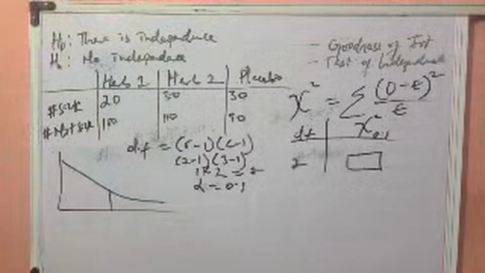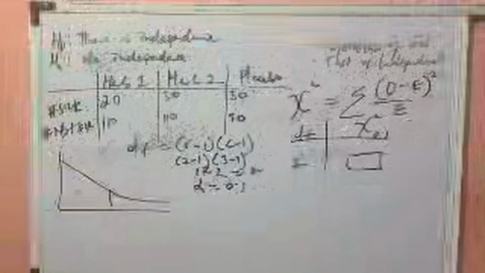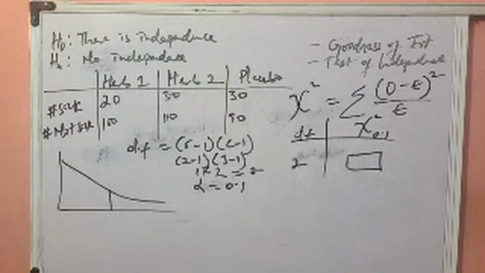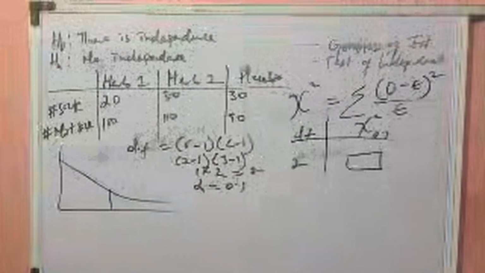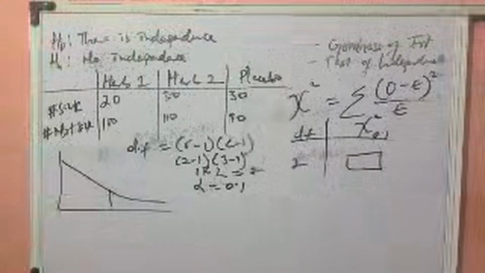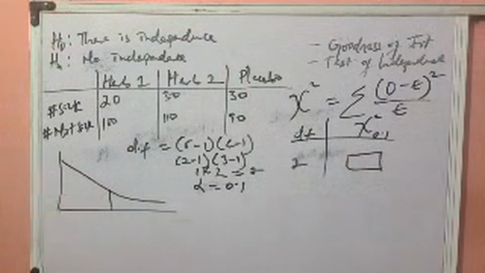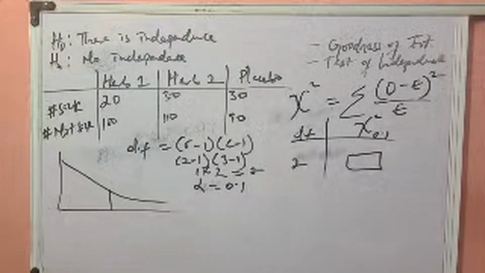So I'm going to be checking. Okay, somebody else has also confirmed it, 4.605. So you go on to check alpha being 0.1. Yeah, that's the 6th column, and I can see 4.605.